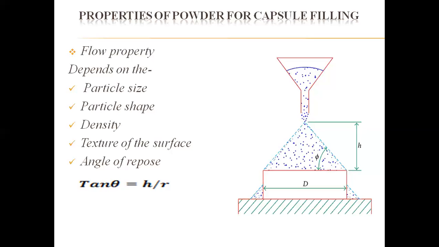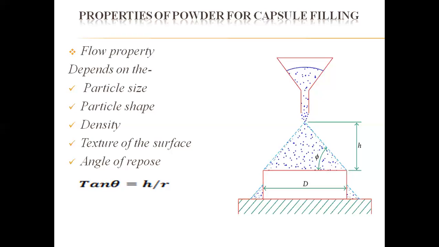So angle of repose is not affected by the charge on the particles, but it depends on the shape of the particles. It has been seen that the addition of lubricant in a specific amount can decrease the angle of repose.